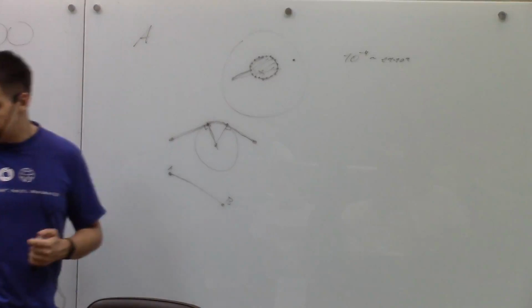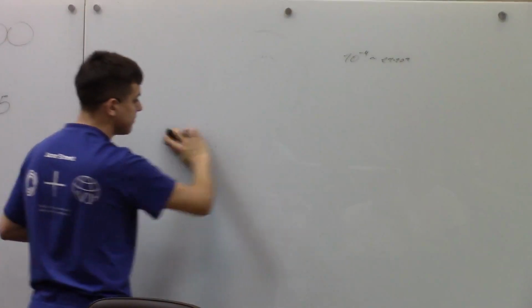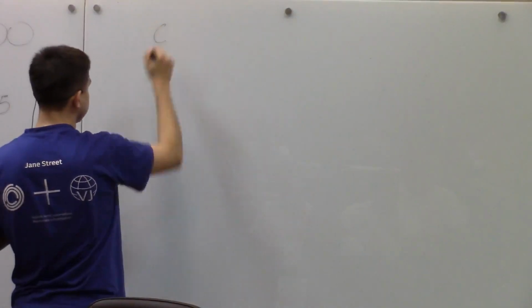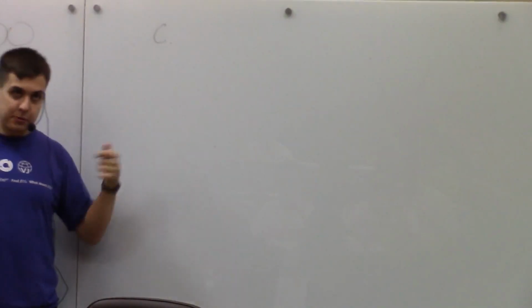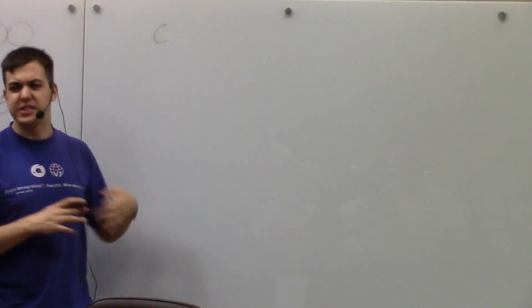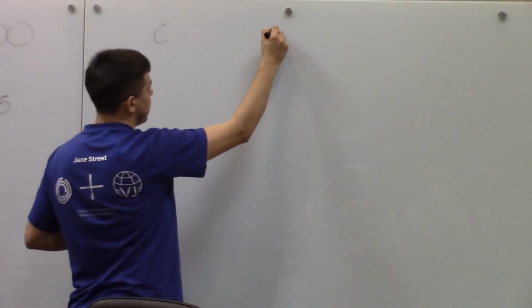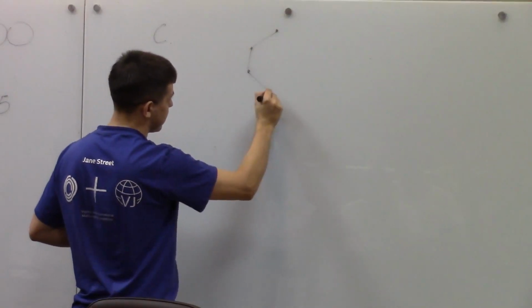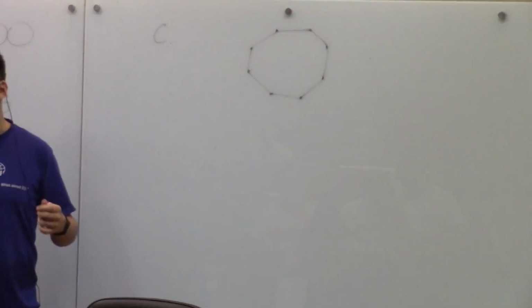Okay, problem C. Problem C was about cutting a convex polygon into some number of shapes, and we would like to find the number of possible ways to cut a polygon such that there are exactly k triangles.